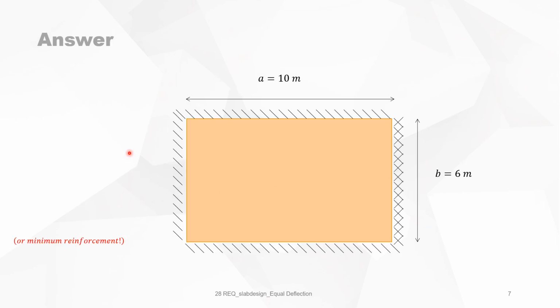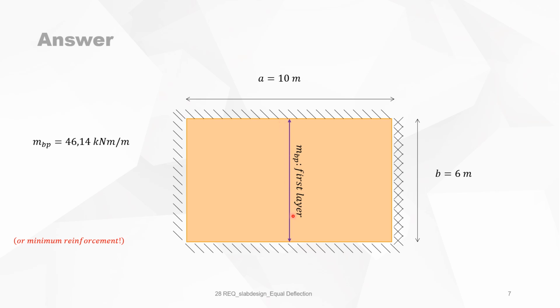Now we'll calculate the needed reinforcement. We know that the positive bending moment, which means at the bottom of the slab in the direction of B, which is this one, we have this as a bending moment.